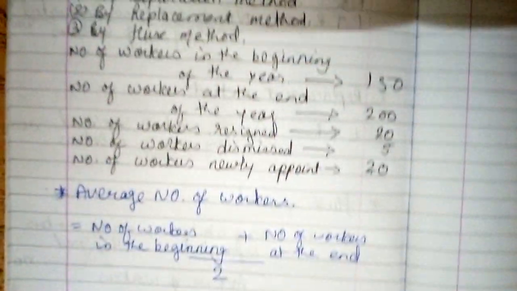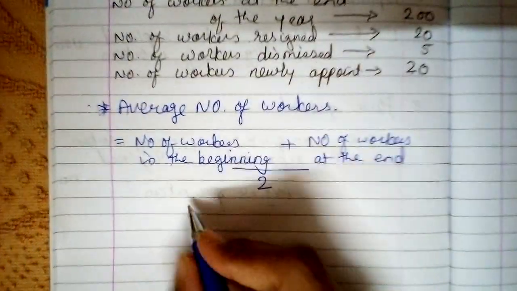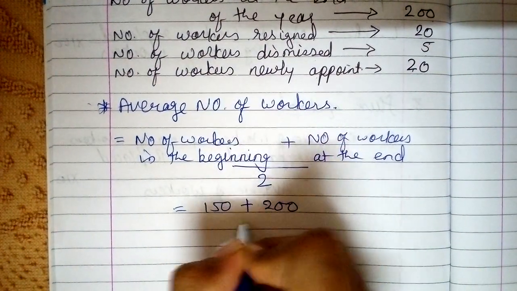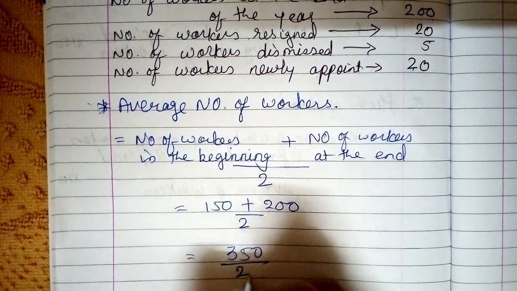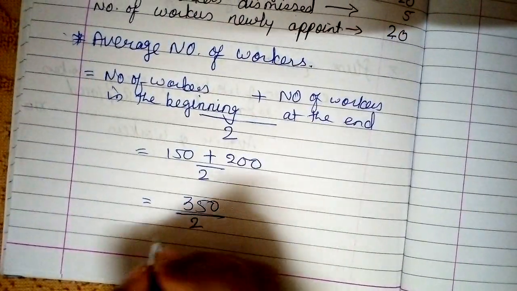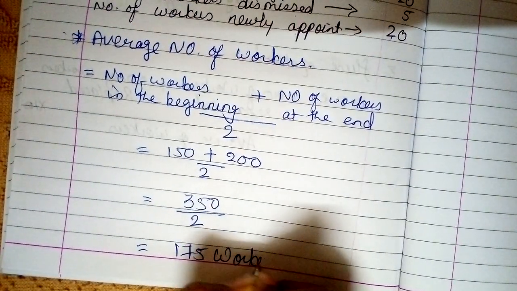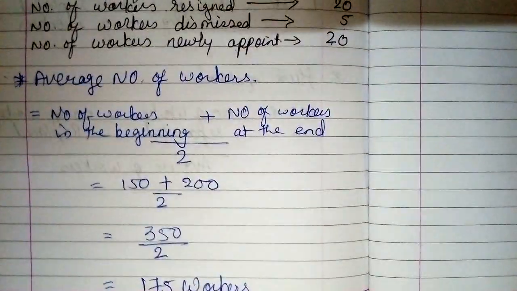The number of workers in the beginning is 150 and at the end 200. So 150 plus 200 divided by 2, so 350 divided by 2. That will be 175 workers.